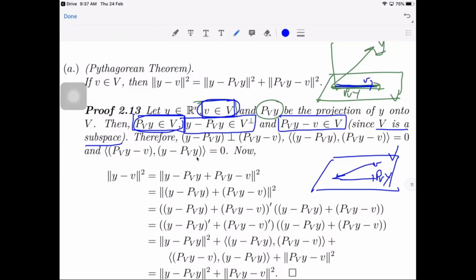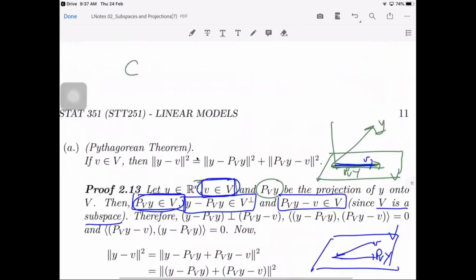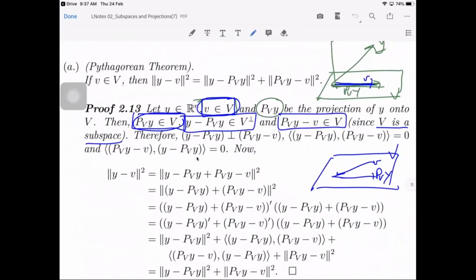And this is also in V because subspaces are closed under linear combinations. Okay. Question? No questions until this, no?